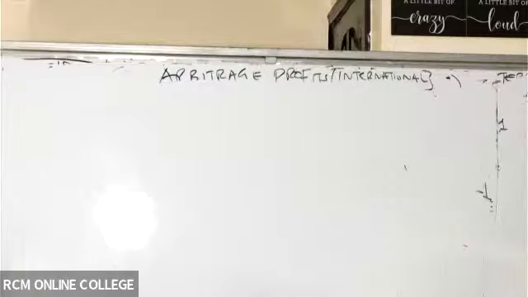Consider a Kenyan investor who has Kenya shillings 500,000 to invest for a short period of time in the money market. The exchange rate quotes in the money market are given as follows.